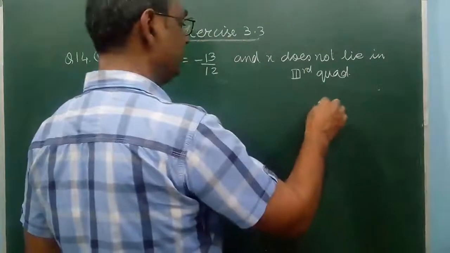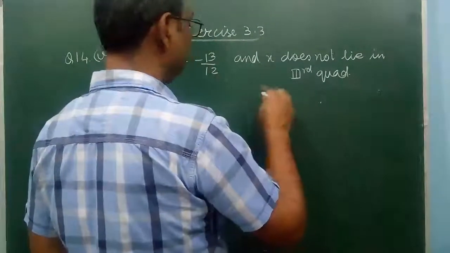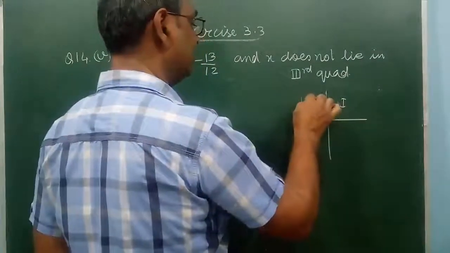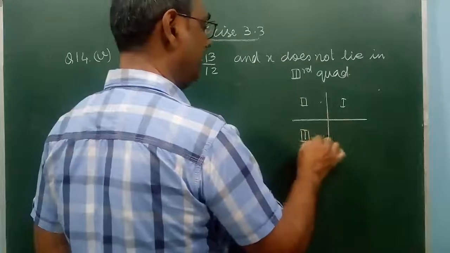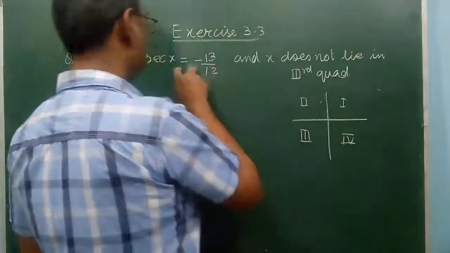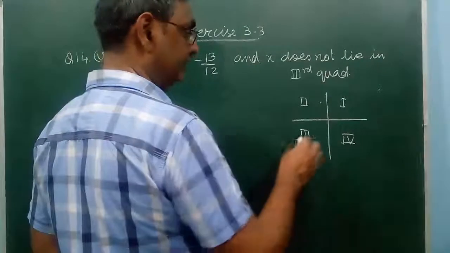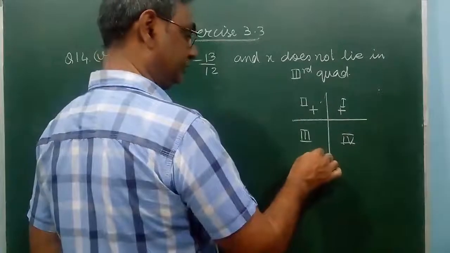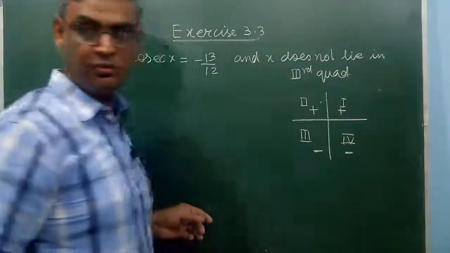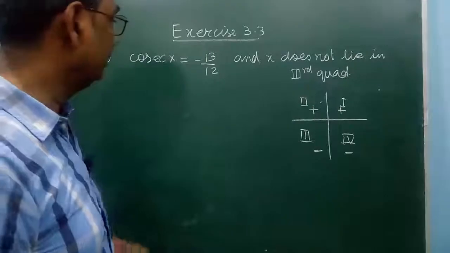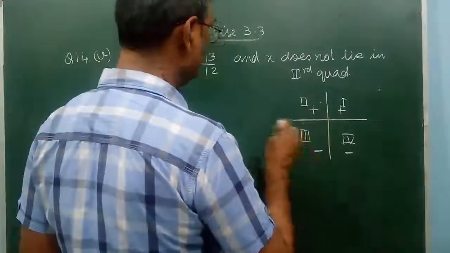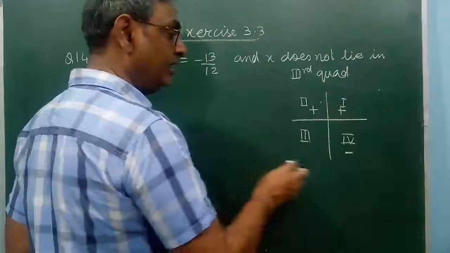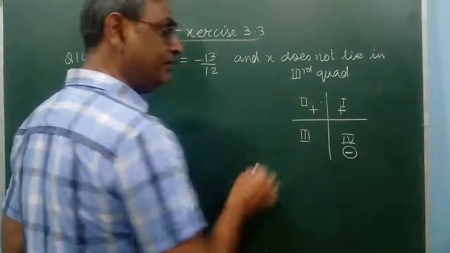So what can we do here? Firstly we make the four quadrants: first, second, third and fourth. Cosec is positive in the first two quadrants and negative in the other two. It does not lie in the third quadrant, so we remove it. So it lies in the fourth quadrant.